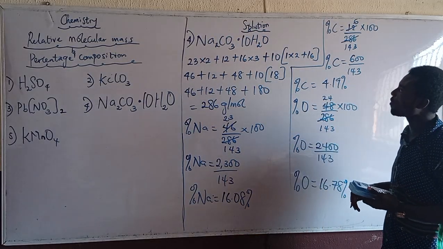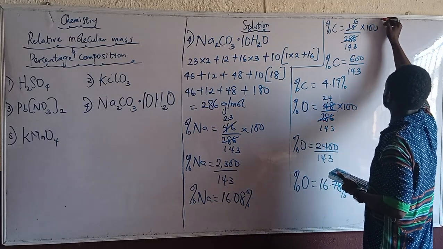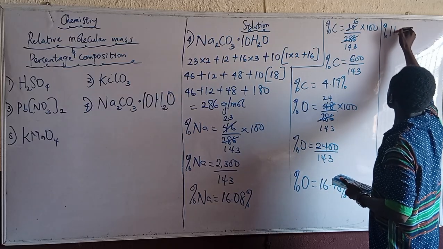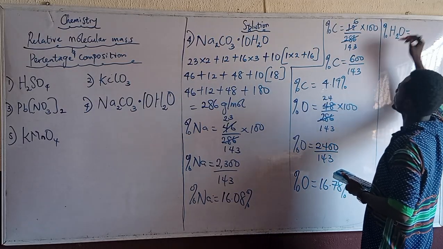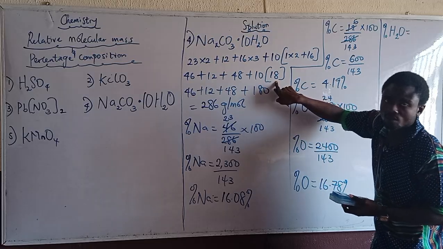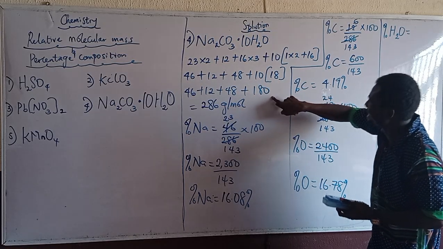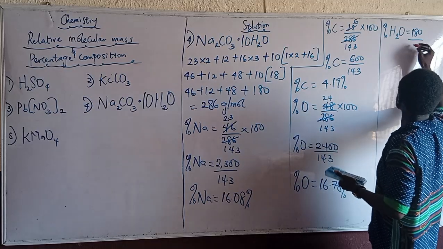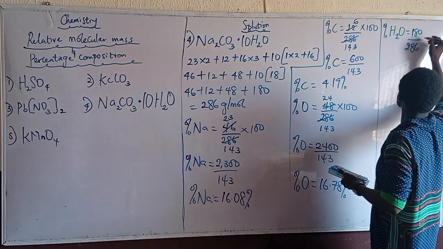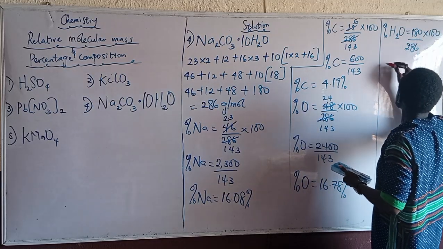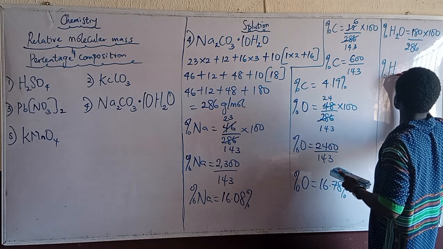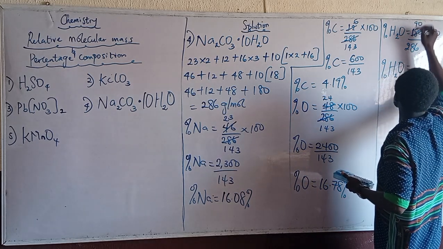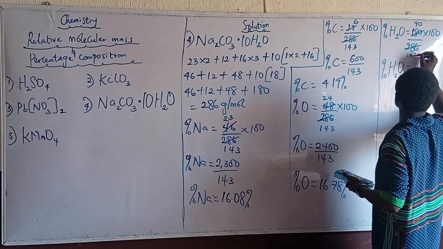So the last one is water. It's called water of crystallization. So the percentage composition of water of crystallization: water is 18, multiplied by 10 is 180. That is 180 divided by the total 286 times 100. Dividing by 2, we get 90 and 143.